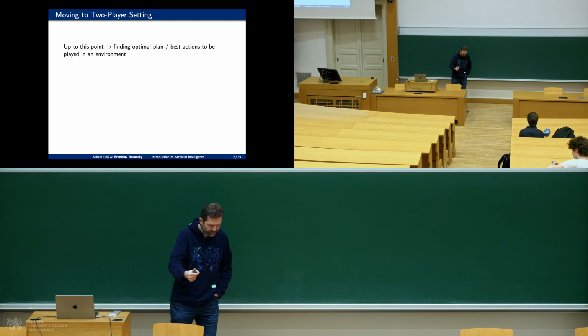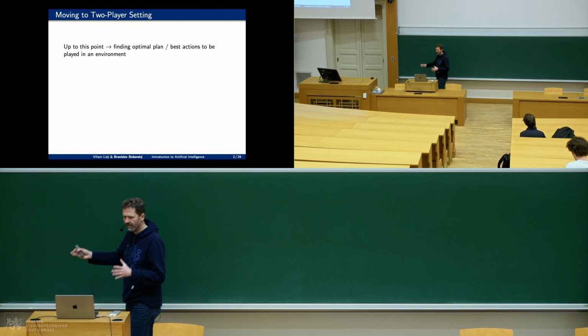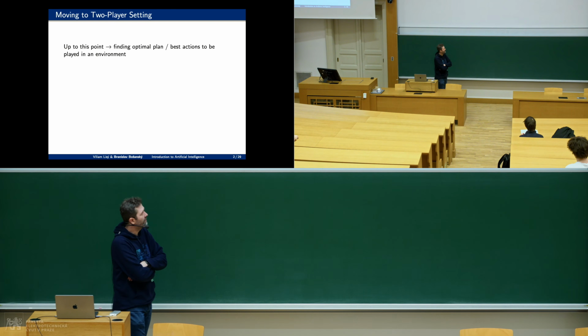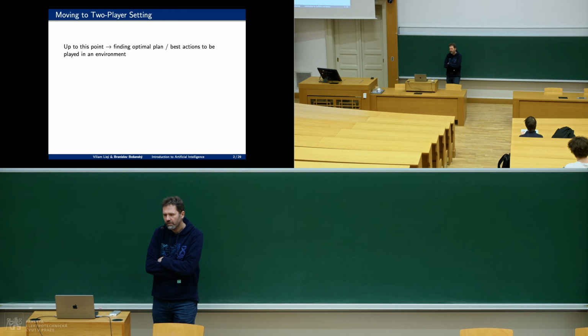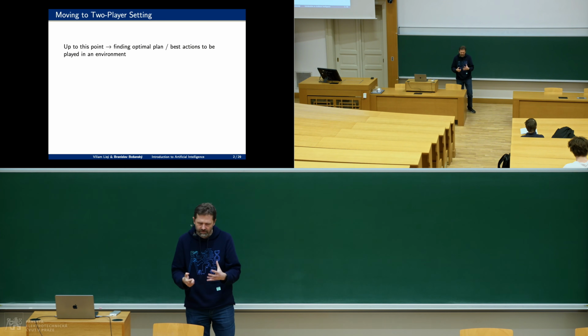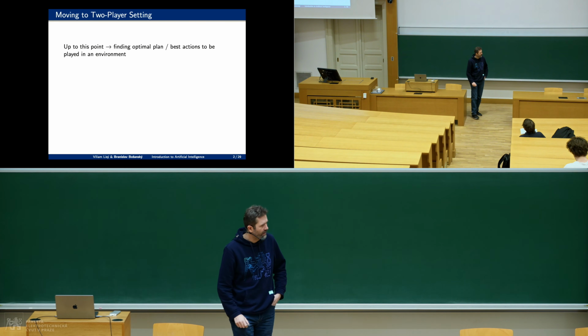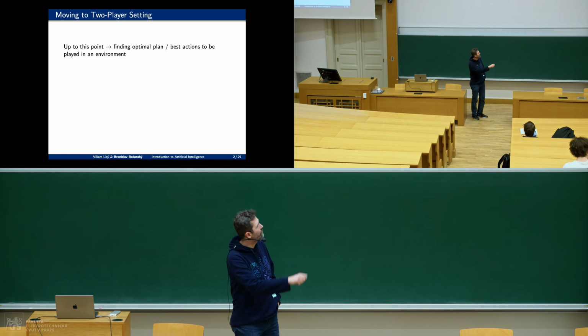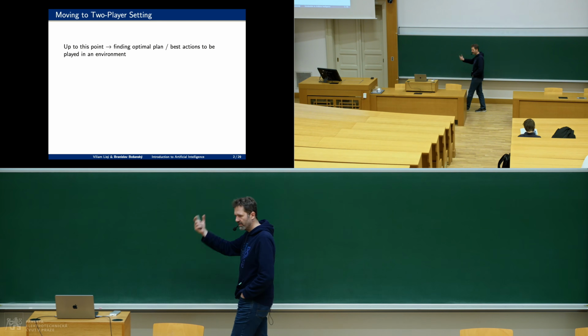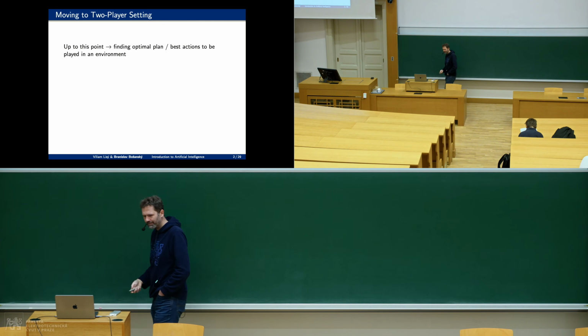Up to this point in our algorithms and formalizations that we covered, we assumed that there is one agent, one player, one entity that is making changes in the environment, and we were trying to find the best action that this agent can perform.